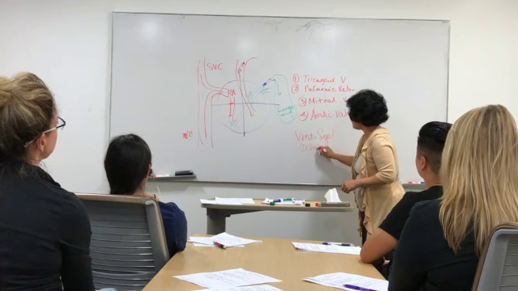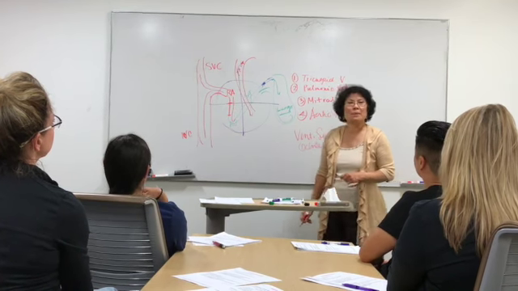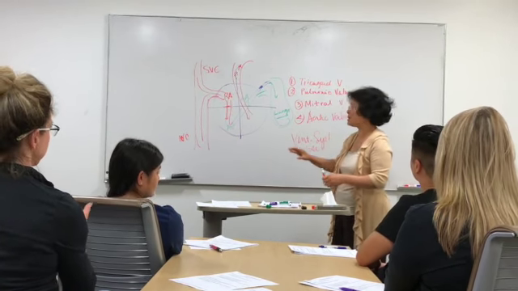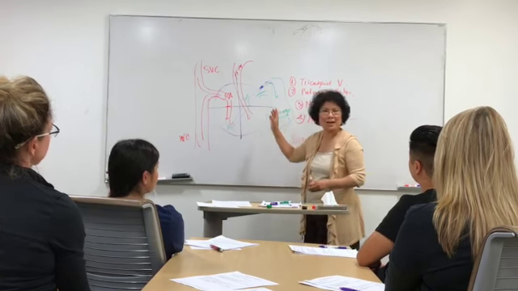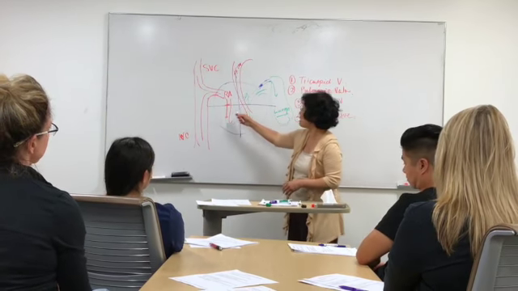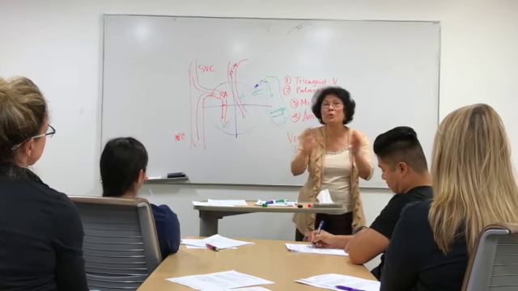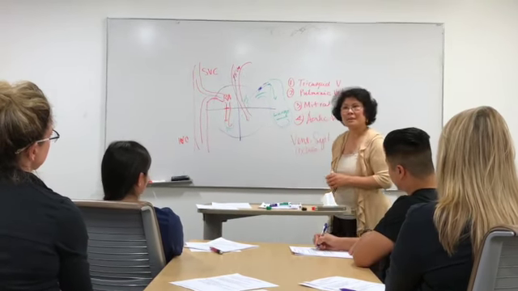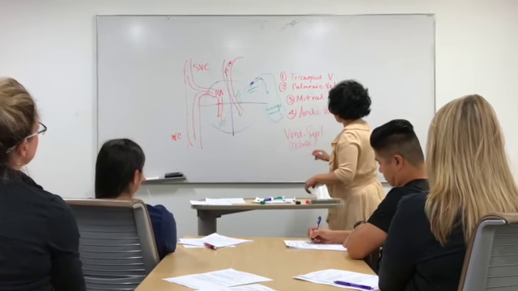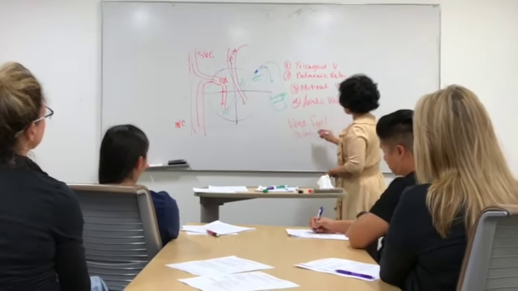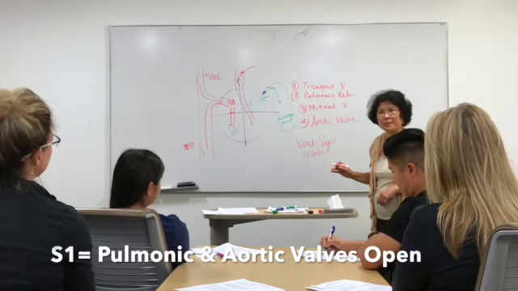Close, very good. The reason you want them closed is so the whole volume of blood is pumped out with no problem. Otherwise, if you have a problem with the valves, you will have regurgitation, and the full cardiac output is not delivered. And the other valves should open.